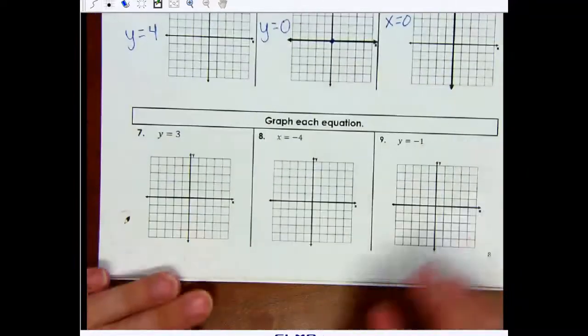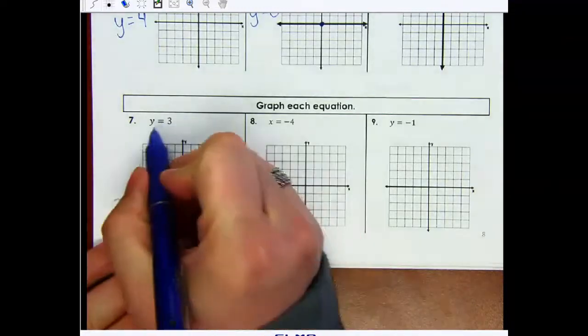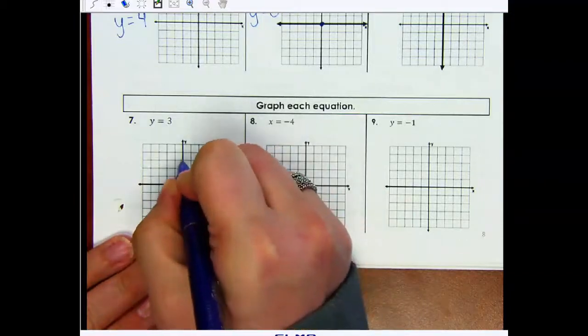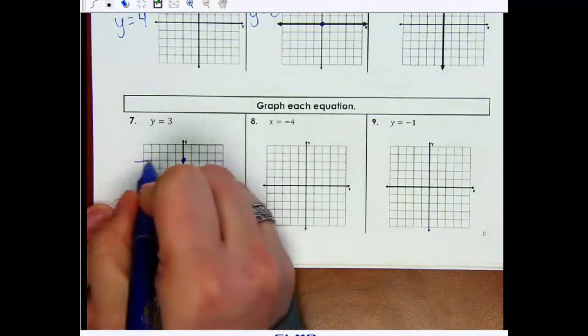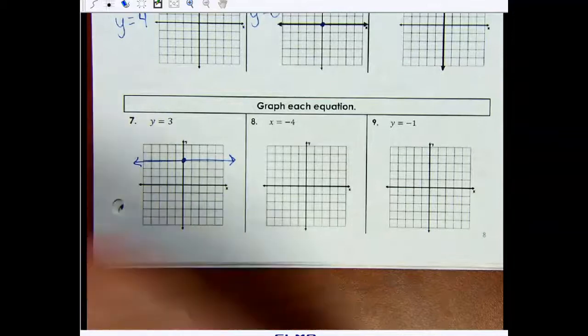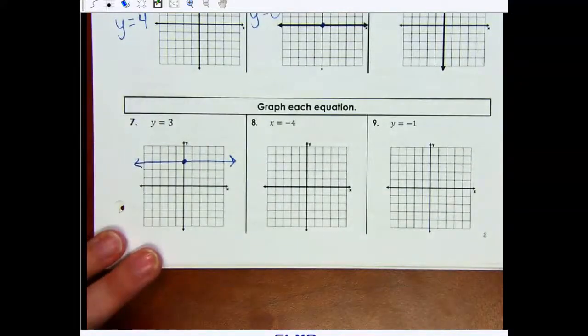Okay, and then the bottom of this is we're just going to do the opposite. We've been given the equation, so we have to graph the line. If it says y equals 3, you go to where y equals 3 on the y-axis, and then you just draw a horizontal line. You go across the y-axis because it says y equals.